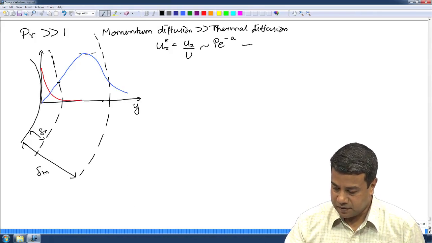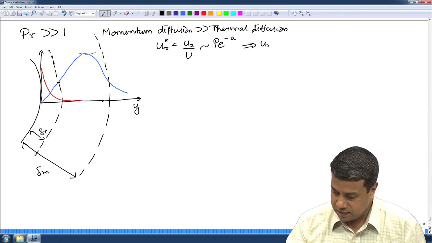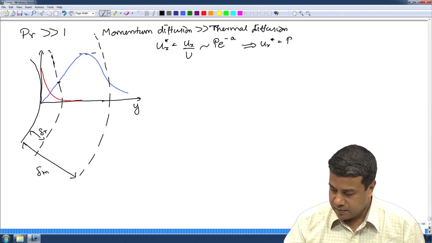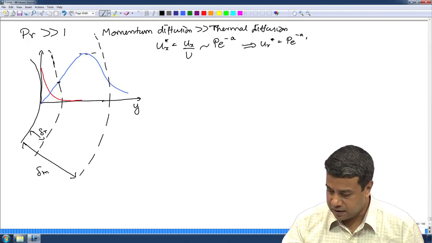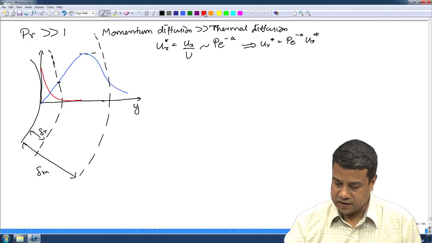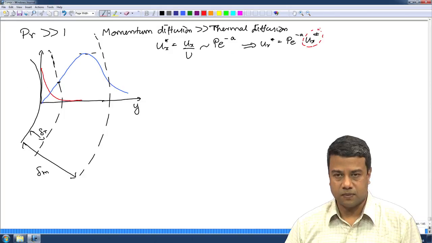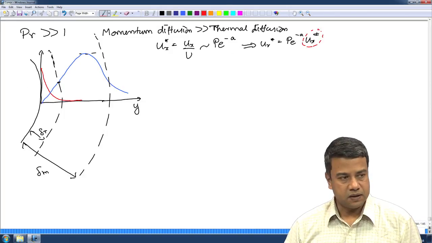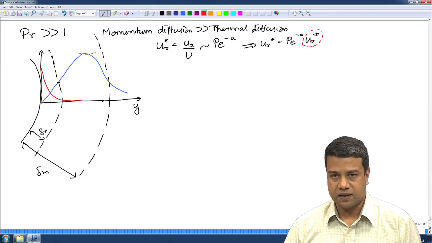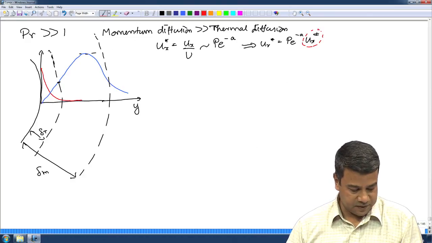Therefore, I should be able to define a scaled velocity, Peclet number to the minus a times ux. Okay. This scaled velocity is now order 1 within the thermal boundary layer. I do not yet know what this power a is, but I will determine that from the balance equations.